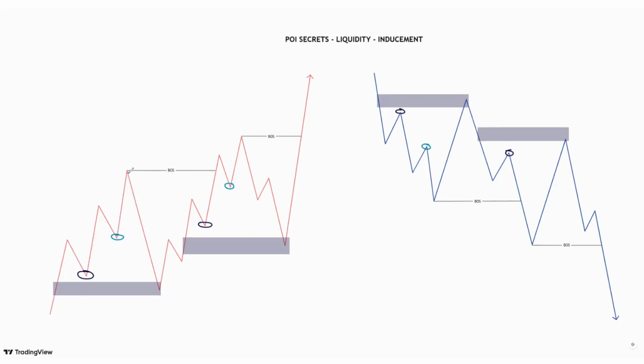When the price came back, it came back firstly with this pullback. So this is our inducement and this is our liquidity. As I've said, the terms are not that important, what is important is understanding the chart.